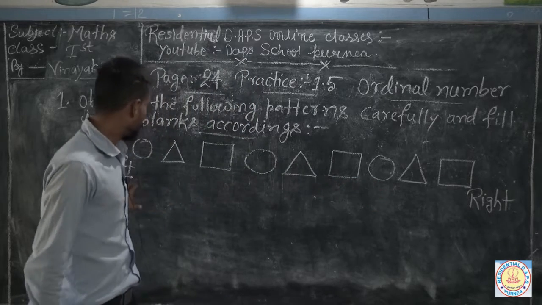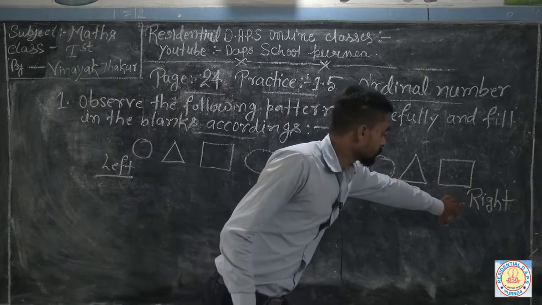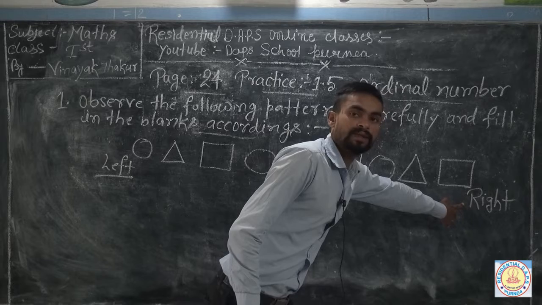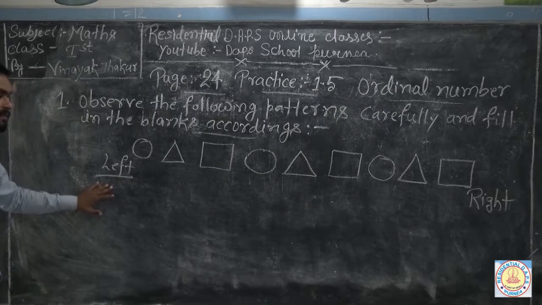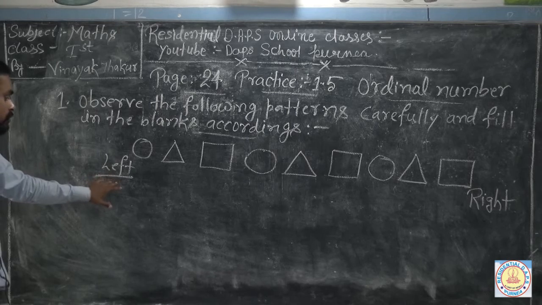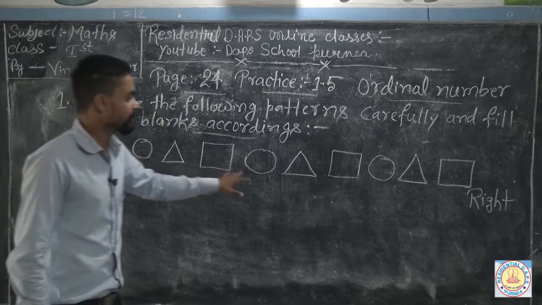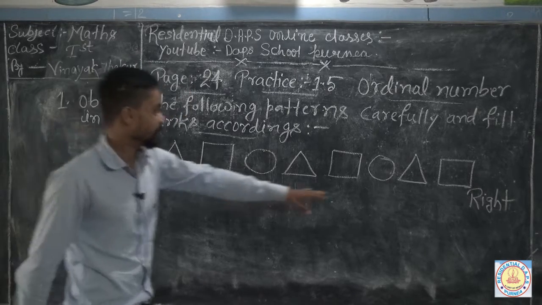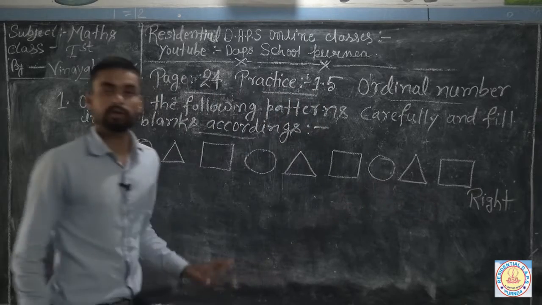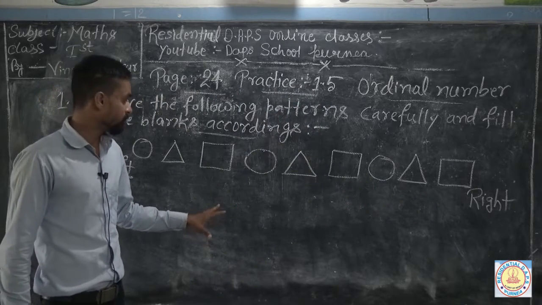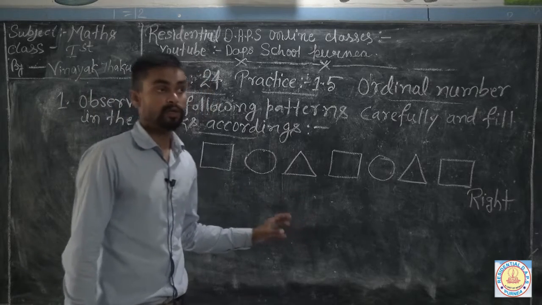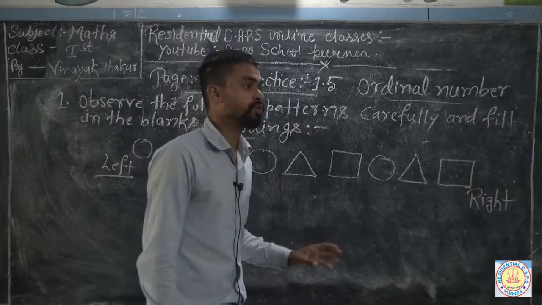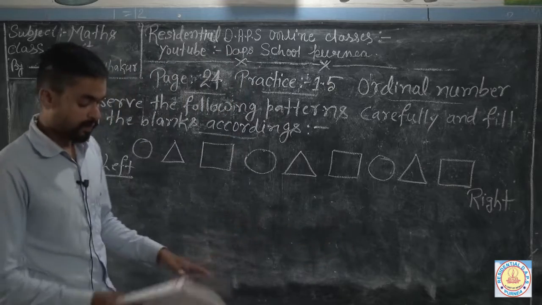So this is the opposite side of these figures. This is right and this is left. You have to count from left and you have to count from right. You have to solve all your questions with these positions.